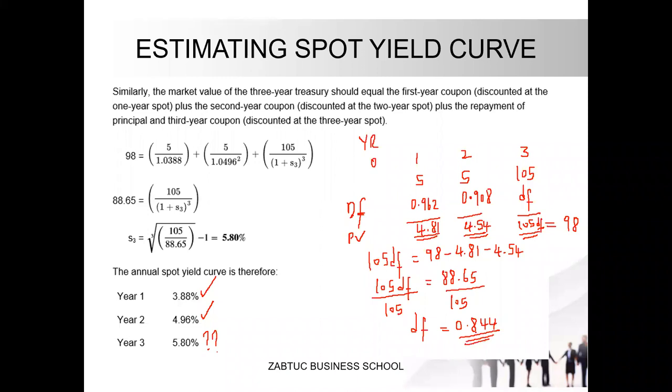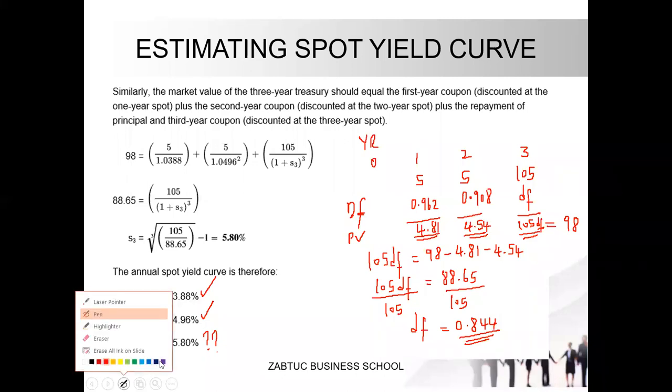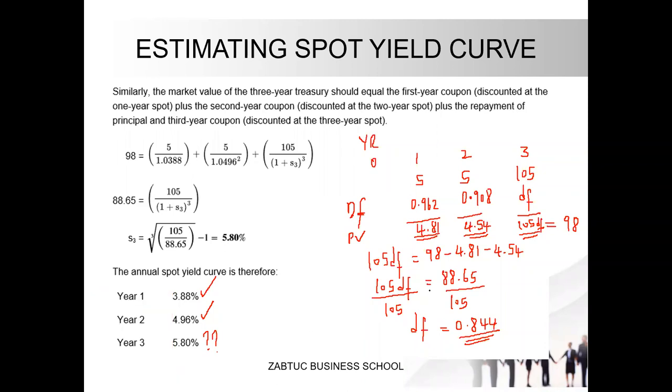So we have the discount factor, people. So the discount factor, which should come here, is 0.844.